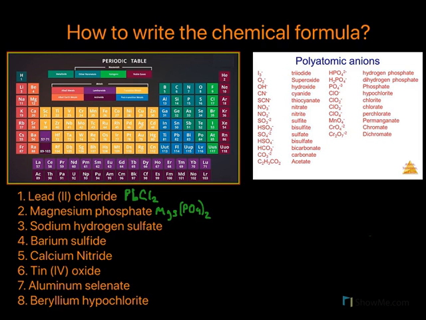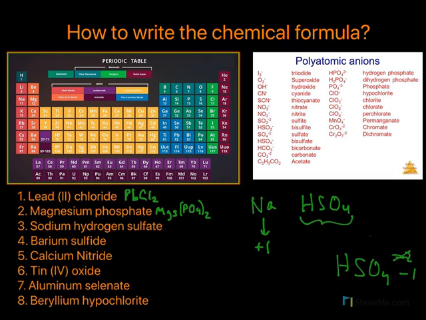Looking at number 3, sodium hydrogen sulfate. So sodium has a plus 1 charge in an ionic compound, and hydrogen sulfate, we know that sulfate has a minus 2 charge. If you add a hydrogen to this, that becomes a negative 1 charge. So hydrogen sulfate is a negative 1.